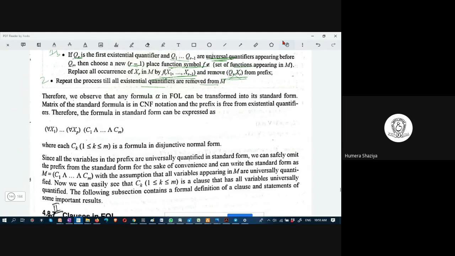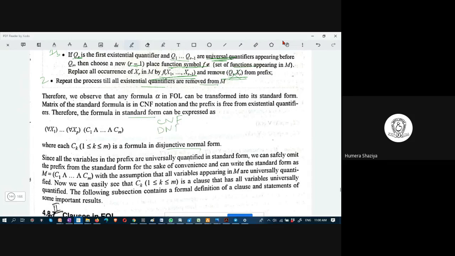After the removal of that, the standard form can be expressed as for all x1 up to for all xp, C1 and Cm, where each Ck is a formula in disjunctive normal form. Will you tell me what is CNF and what is DNF?